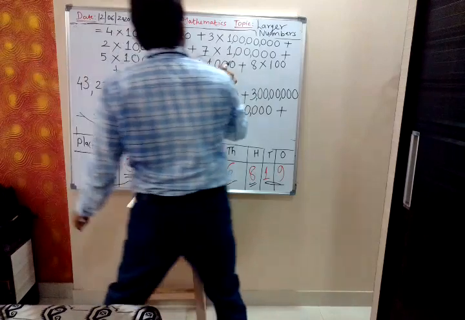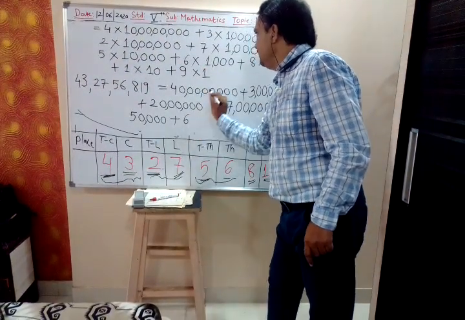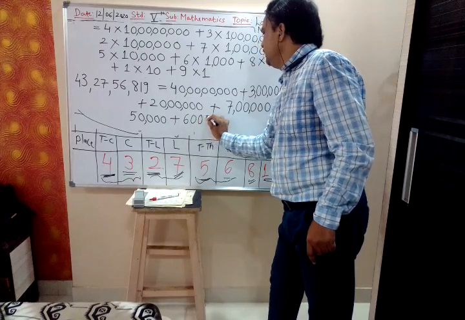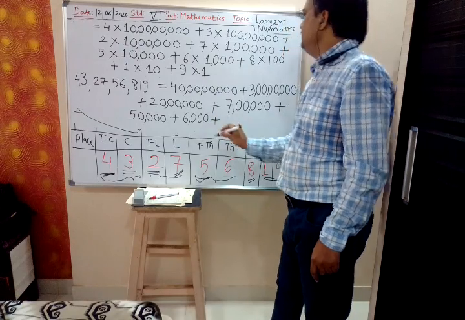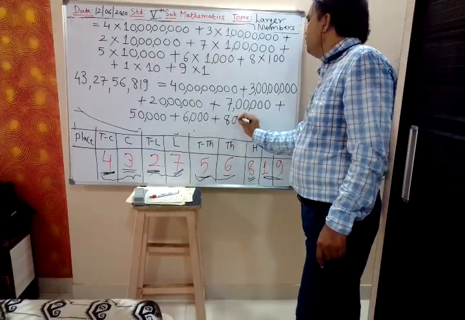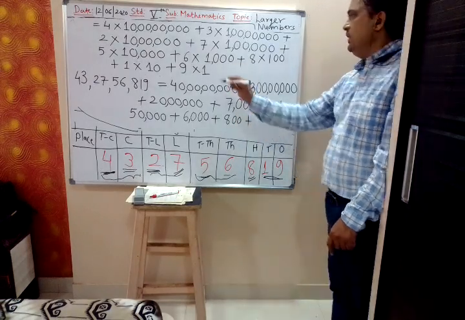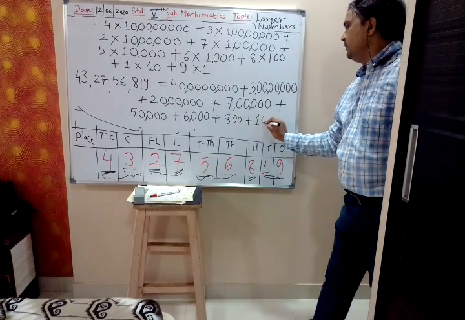Plus 6 into 1,000, that is 6,000. 6 into 1 is 6, then 3 zeros. We put the comma after 3 digits. 6,000 plus 8 into 100, 800. Plus 1 into 10, that is 10.